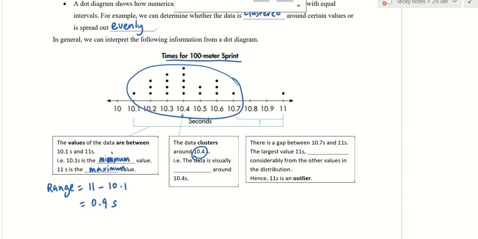So the data is visually grouped around 10.4 seconds. And then we see a large gap over here. The largest value, 11, deviates from the others, and therefore it's called an outlier.